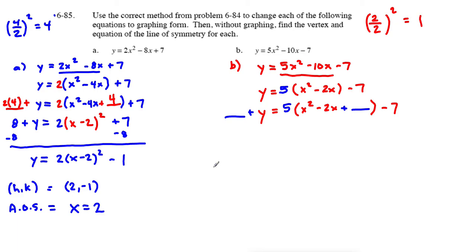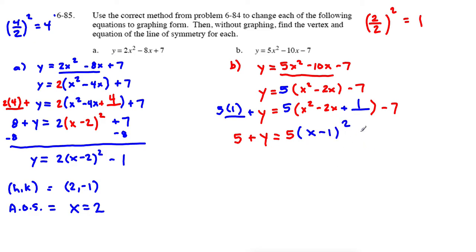So that means the value I'm adding inside the parentheses is 1, but overall I'm really adding 5 times 1. So I'm saying 5 times 1 on this side. When I do that, 5 times 1 is going to end up being 5. So I've got 5 plus y equals 5 times, what is this become when it's factored? It should be, and this should be an easy one for you, x minus 1 squared.